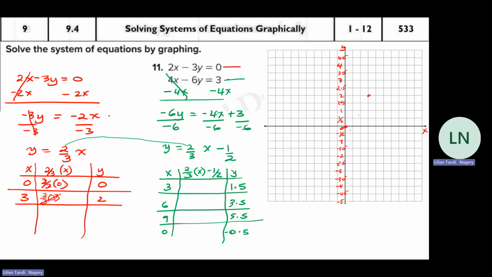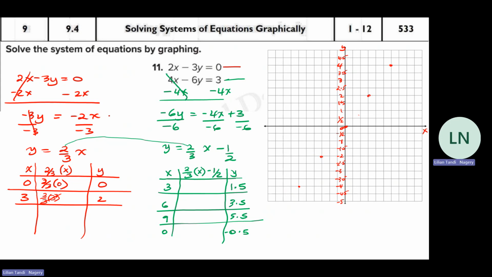So how many boxes did I use? 1, 2, 3, 4. 3 right, 4 up. I cannot do this one, so I'm going to do the other way. 3 left, 1, 2, 3, 4. 3 left, 1, 2, 3, 4. Okay, so there.